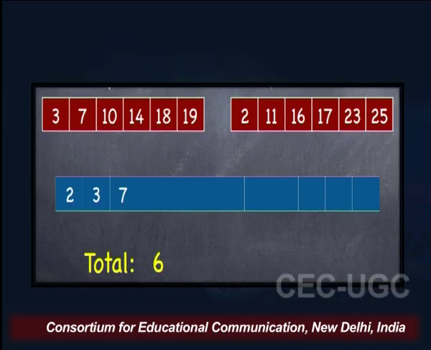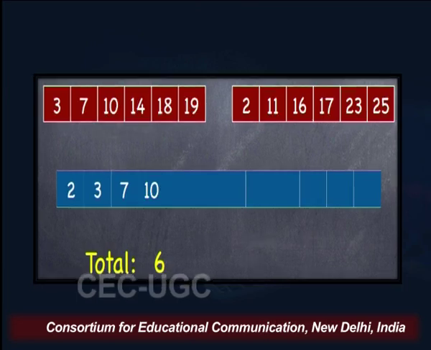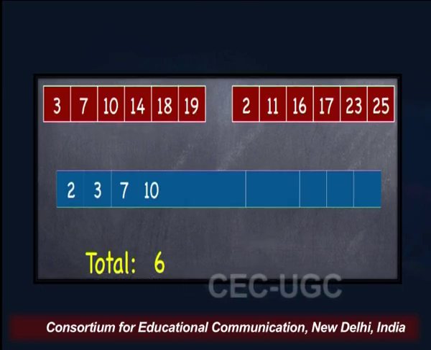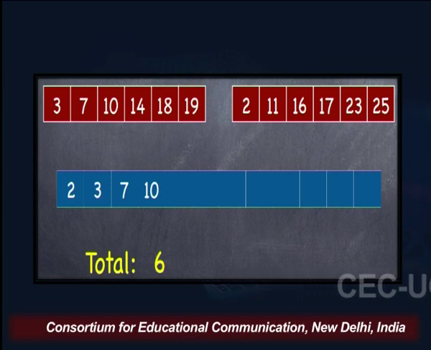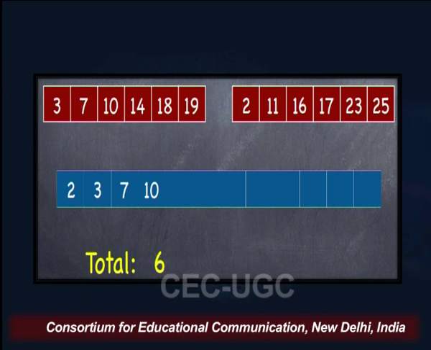Then 7 is being shifted here, and we keep on counting those inversions. So here you can note down this example, and also verify the number of inversions which are being given here.